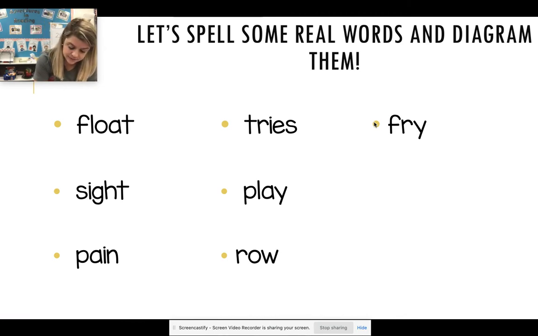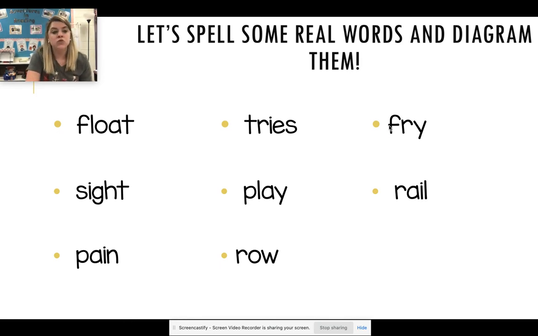Word number 8. Rail. Rail. Rail. R-A-I-L. Very good.